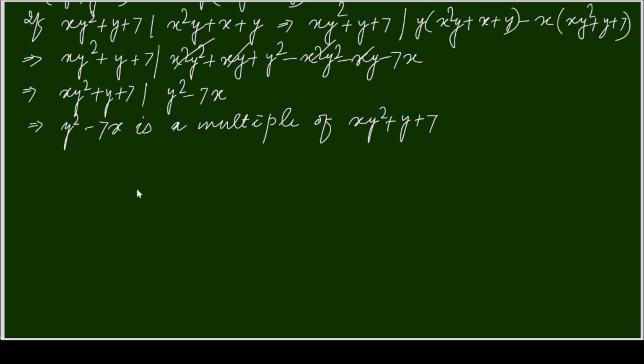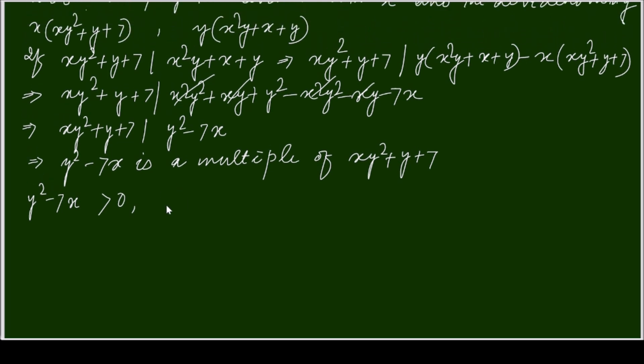Now, what are the cases of y square minus 7x? Y square minus 7x can be greater than 0, equal to 0, or less than 0. We are going one by one.